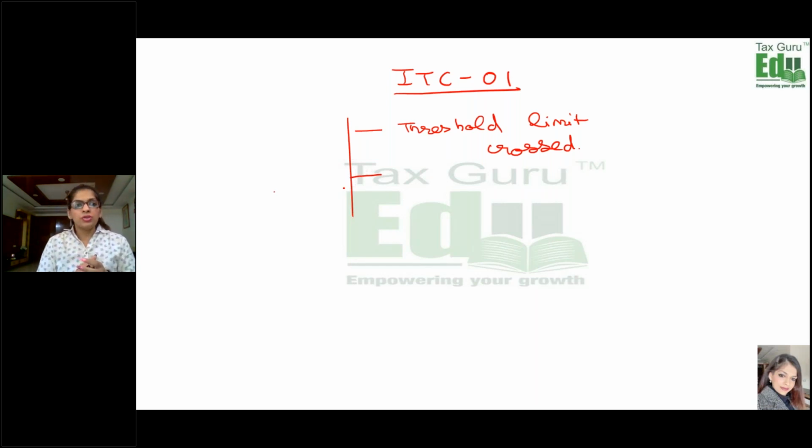But since my turnover was below 20 lakhs, I was not liable to get registered under GST. Now, as on the date when I become liable to get registered, my turnover is exceeding 20 lakhs, so I'll get myself registered tomorrow. But I have stock in my hand worth rupees 2 lakhs, having ITC of 50,000.